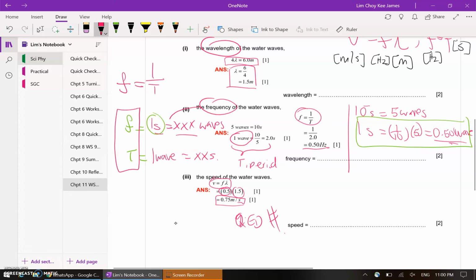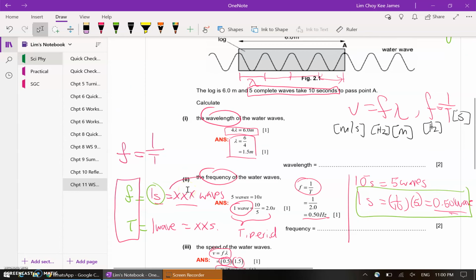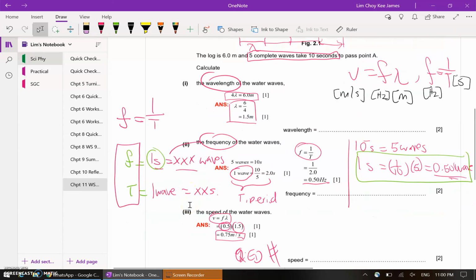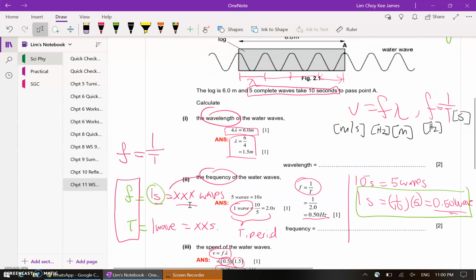If you look at this question, the important thing, or the difficult thing for students, or it could be the easiest thing depending on how you see it, about question 2 is not part 3. It's actually part 1 and part 2, which test the student's understanding of basic concepts like wavelength and frequency. How do I decipher wavelength and frequency from the data given in the picture?